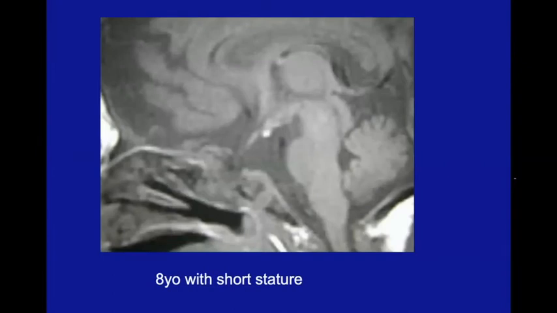Now, another reason you're going to have a small pituitary, this is a child, is here you see a very small pituitary gland, and you notice this high signal intensity here in the region of the tuberal area. This is an ectopic posterior pituitary. So this is the normal sort of secretory granules of the posterior pituitary, which are now sort of piled up where they can't go any farther through the infundibulum.